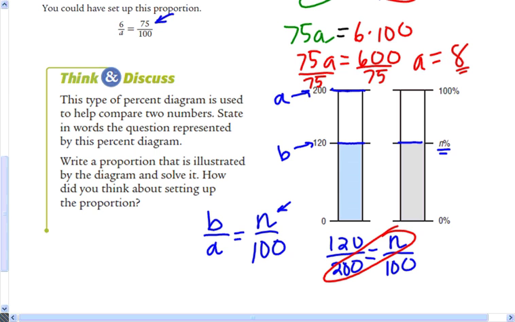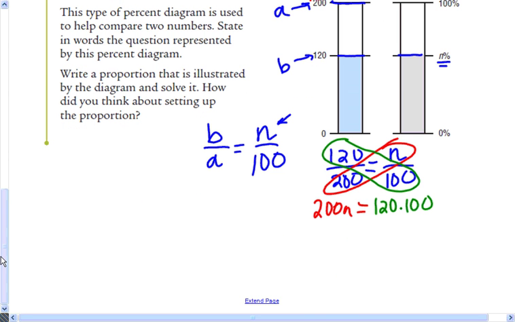So N times 200 is equal to 120 times 100. If I simplify that and solve it, 120 times 100 is 12,000.